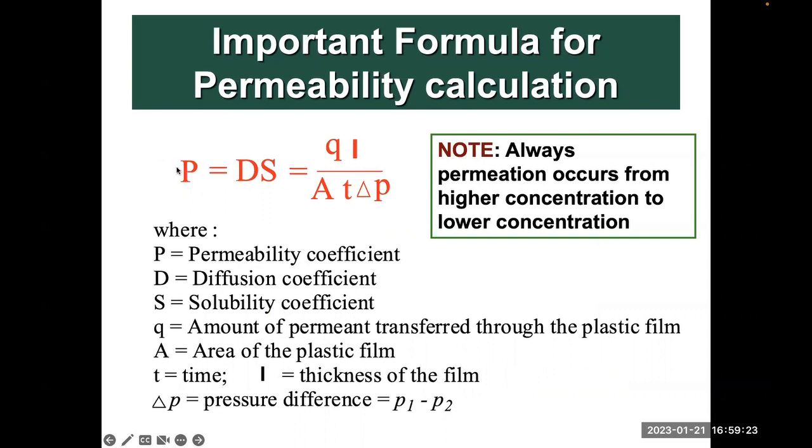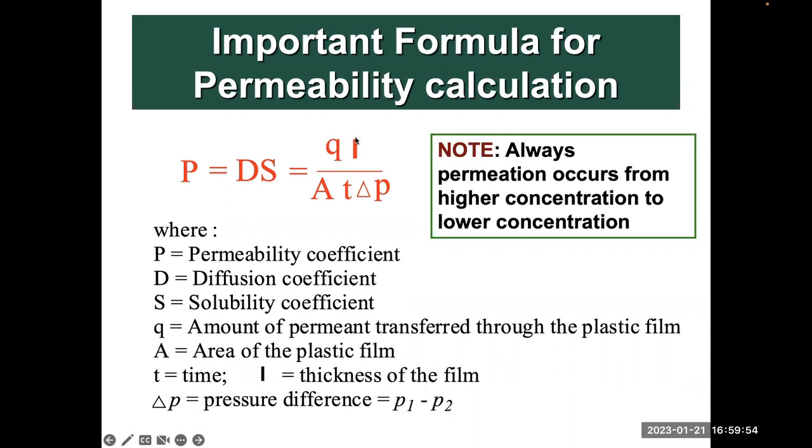Now, for the permeability coefficient, here you see the number of molecules that are moving through, times thickness, divided by area A, time T, and pressure delta P. So this term Q by AT is your transmission rate: how many molecules flow through a certain area in a certain time.